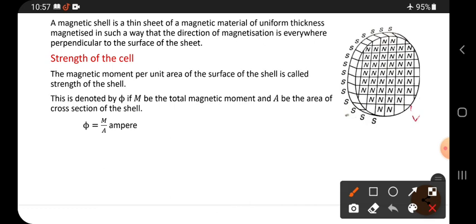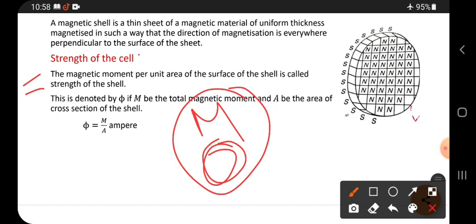Next, strength of the shell. The magnetic moment per unit area of the surface of the shell is called the strength of the shell. In one unit area, how much this substance is magnetized is denoted by the strength of the shell, with phi.